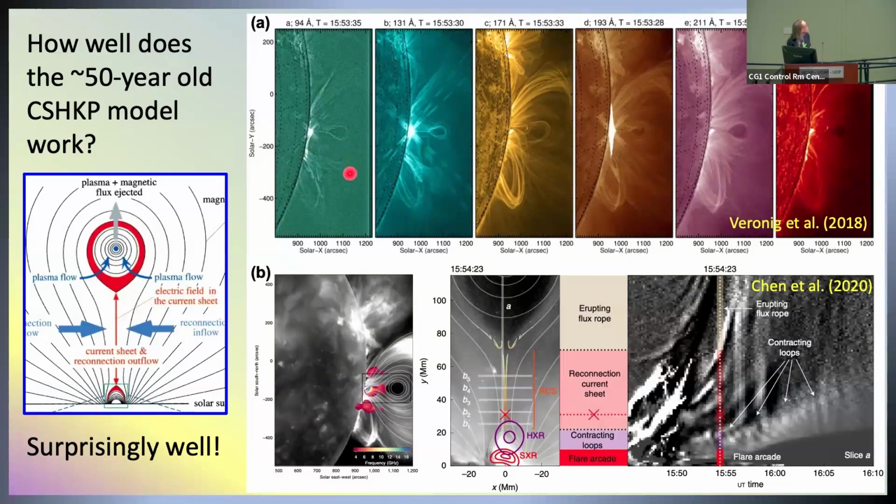So here's an example of how well this 2D cartoon explains observations. This is that September 17 flare in a bunch of EUV wavelengths. And this is a great example because it basically looks exactly like the cartoon, which means we have an idea of what's going on. These are all at different temperatures.